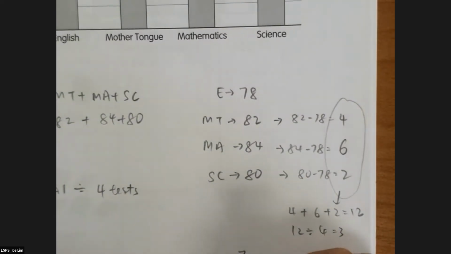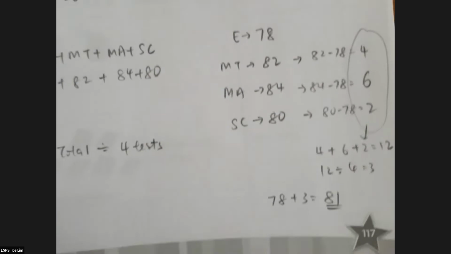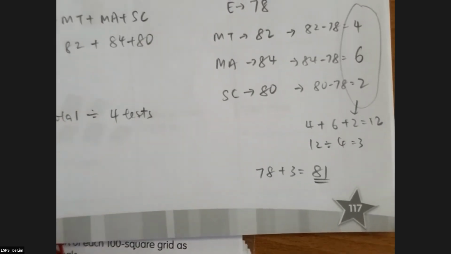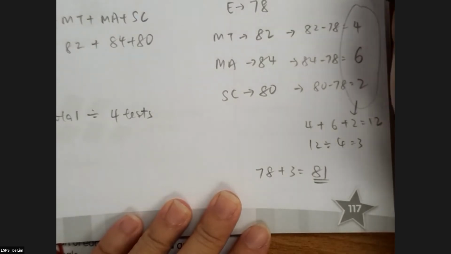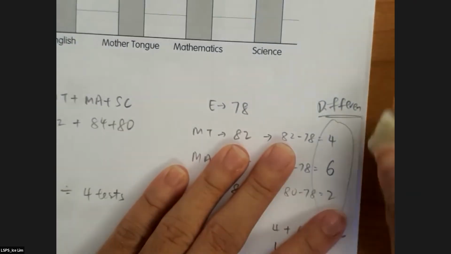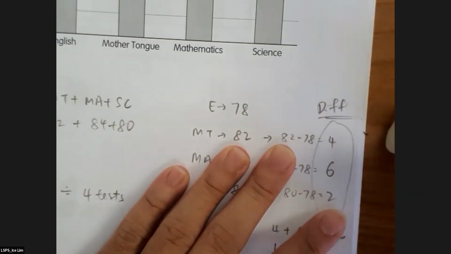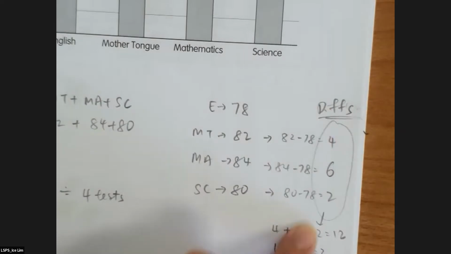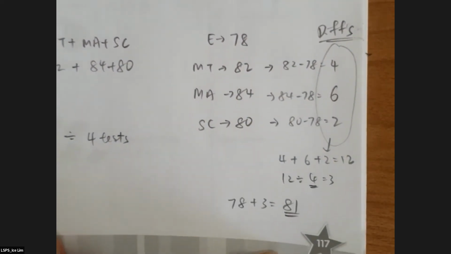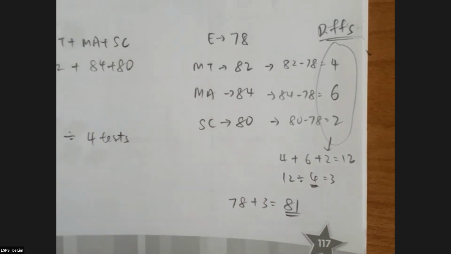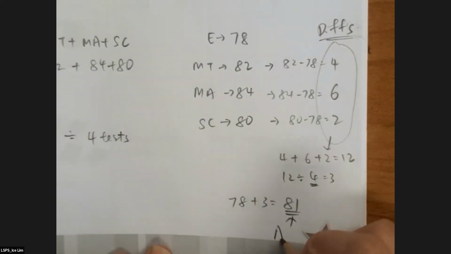Then 78 plus 3 gives me 81, and that's the average. So these were all the differences. Let me write it in short form. All the differences I add up together, share out the difference for the 4 tests. Then I got 81. This is the average score.